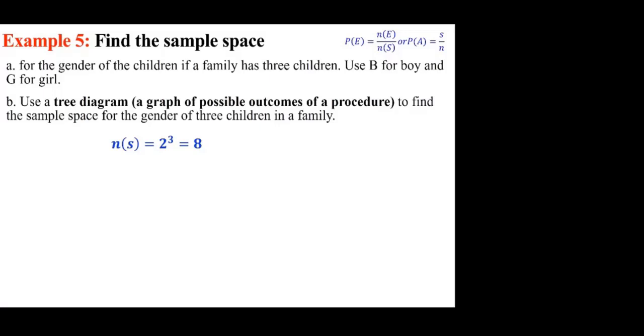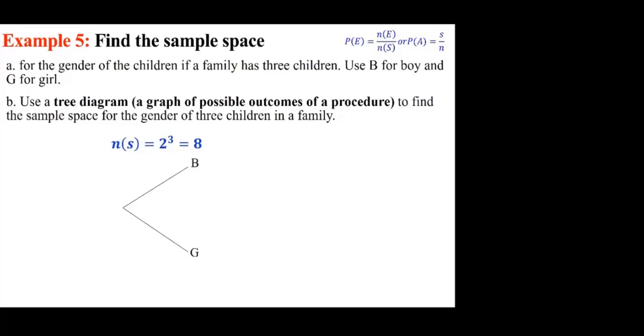In this case, there are 2 outcomes and however many children, 4 children, 5 children, 8 children, that would be the exponent. In this case, 2 cubed equals 8. If we look at the tree diagram, again, we want to be consistent.